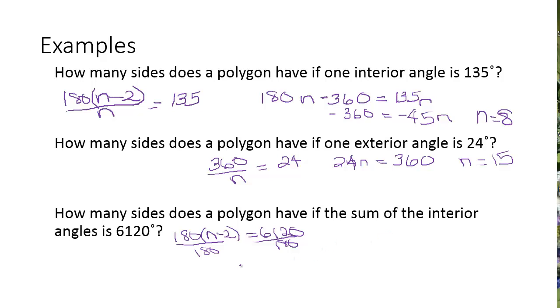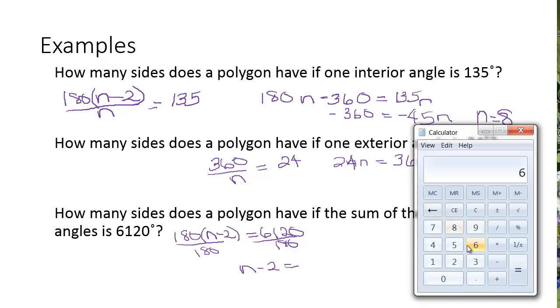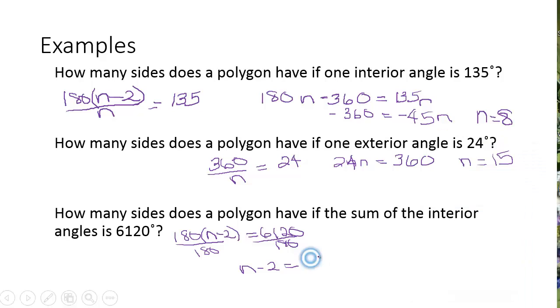Make it smaller rather than larger. And n minus 2 will be equal to 6,120 divided by 180. So if n minus 2 is 34, then n has to be 36. 36-sided figure.